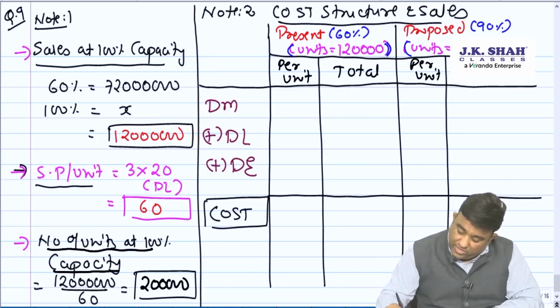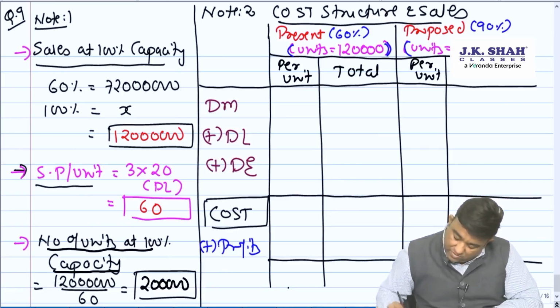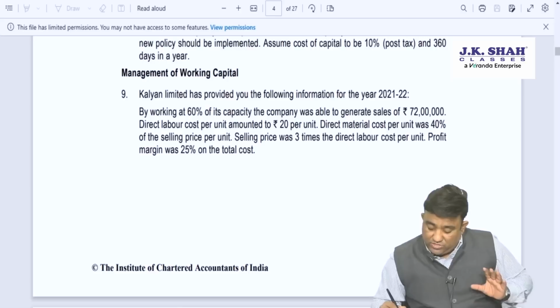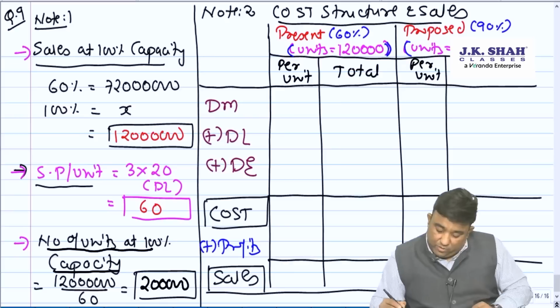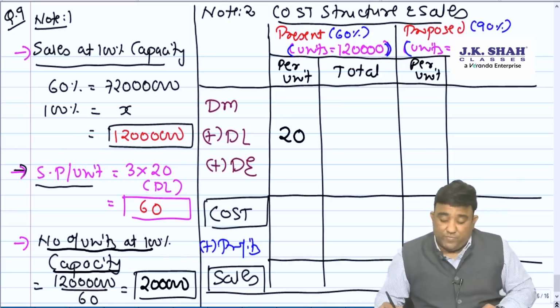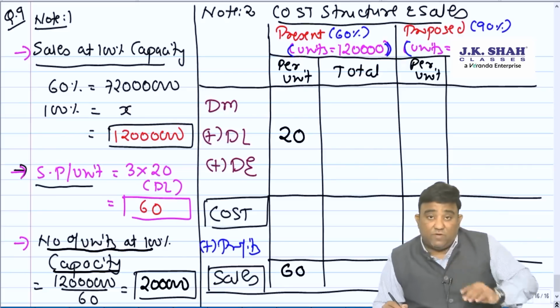This will be increased with the profits to derive your sales. Am I right? Now check out the information they have given. Direct labor is 20 rupees per unit. I can just put it directly. The direct labor is 20 rupees per unit. Selling price is 60, that is 3 times of this.